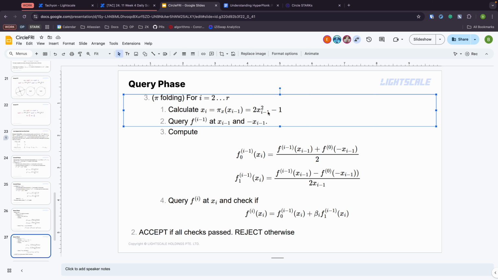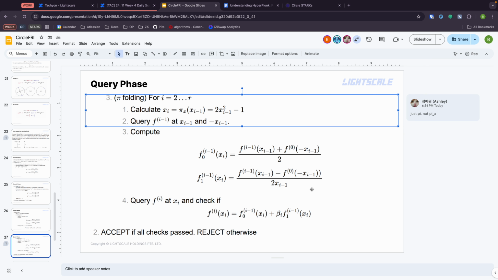So the next xi is going to be the square of the previous one, and then we query i minus 1 at these 2 points, and then we can compute each of these. This should be i minus 1, sorry about that. Then we do the same thing: we query at xi and check if this holds, because we calculated these 2 from here, and accept if all checks pass.